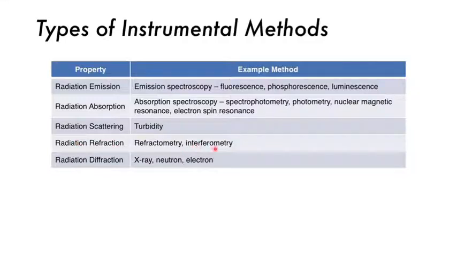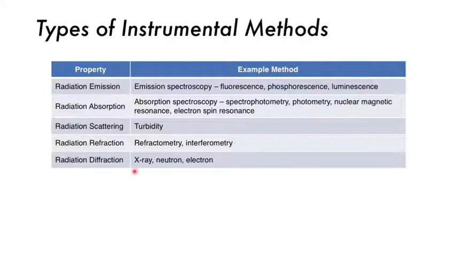Radiation refraction, so refractometry, interferometry. This is useful to see how light interacts with the sample. It's not really super common. Radiation diffraction, this is common in X-ray, neutron diffraction, and then electron diffraction as well.